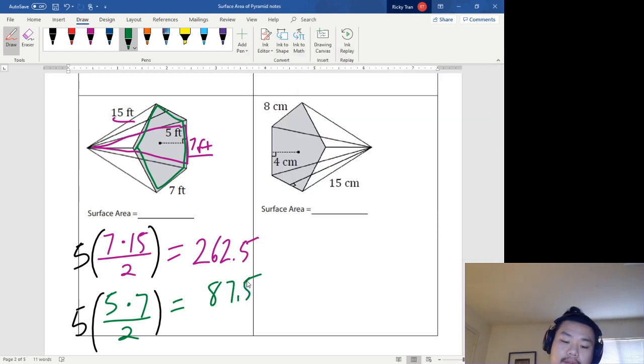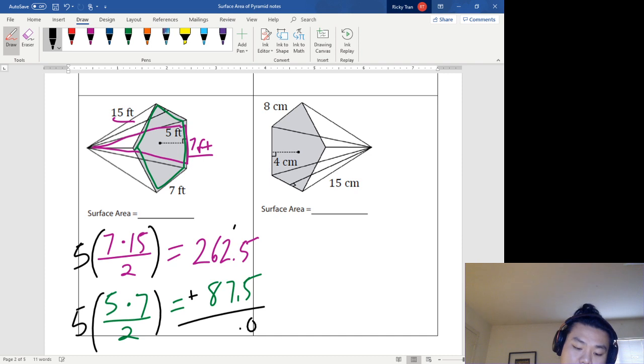Yep, 87.5. And then you're just going to add these two areas together. Exactly 350 feet squared. Okay? All right, so that's the pentagon.